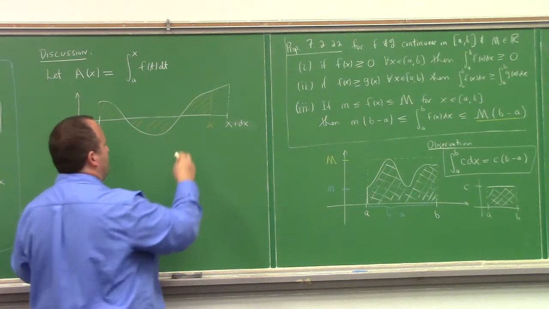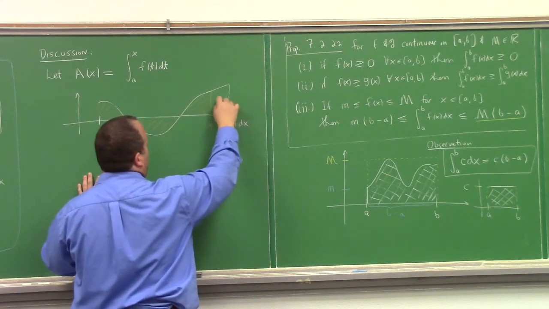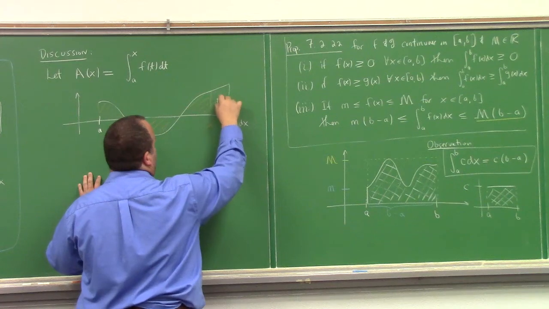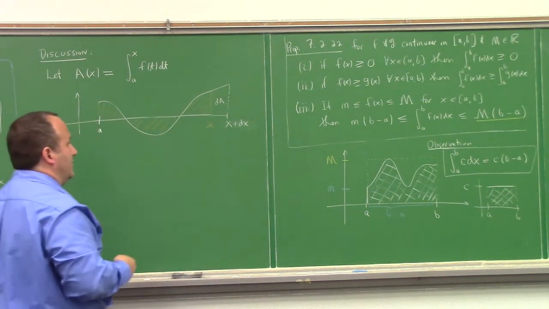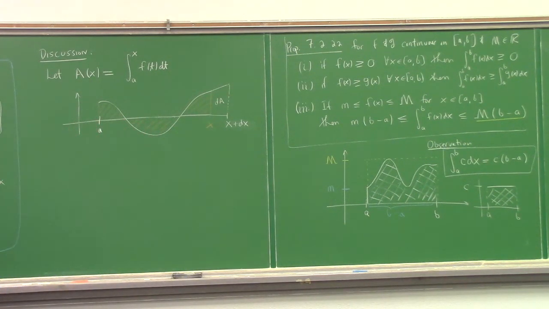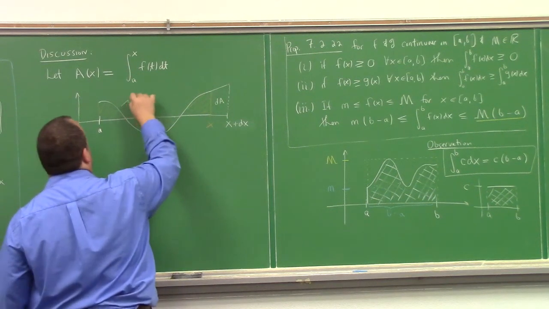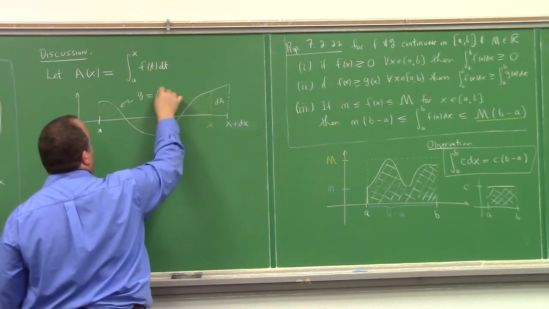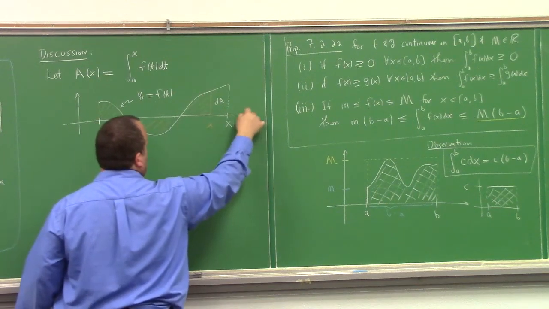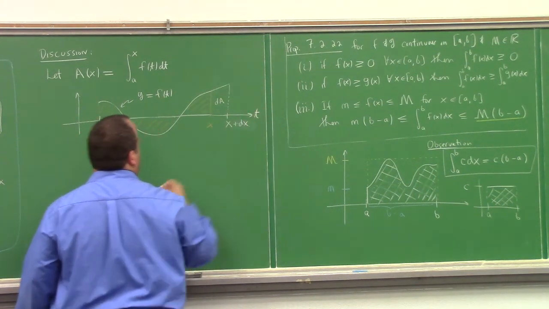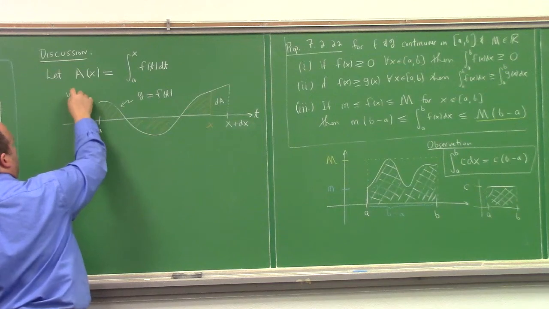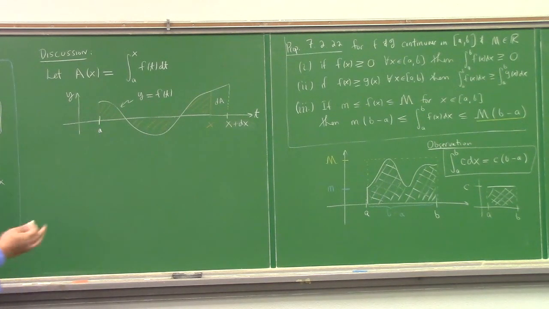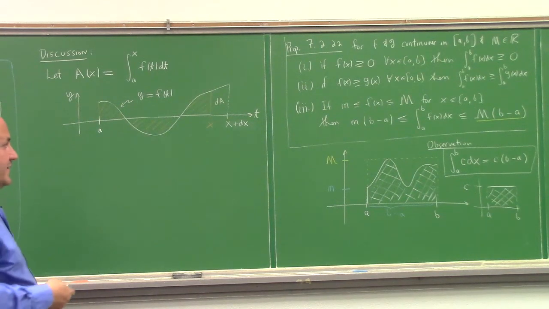Then this little bit of extra area we could call dA, or delta A if you wanted to be more finite. What's the extra bit of area there? How is it related to the function? This is the graph y equals f(t). I'm using t as that axis at the moment, because I'm thinking of x as the fixed point that we're discussing, so I don't also want to use it as the variable.